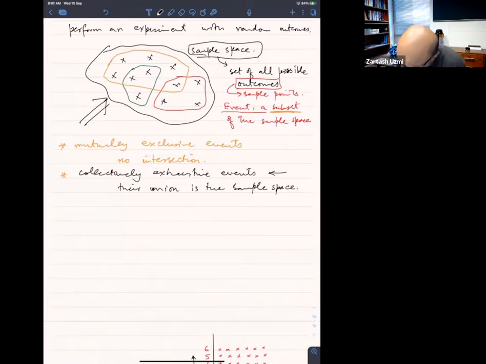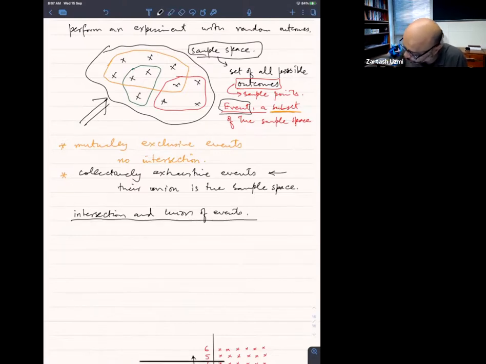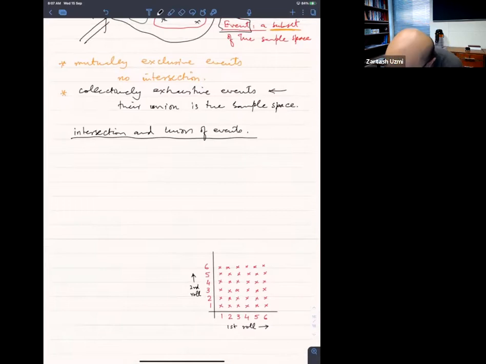Okay, now since events are sets and sample spaces also are sets, I can define the intersection and union of events. We talked about this last time as well.